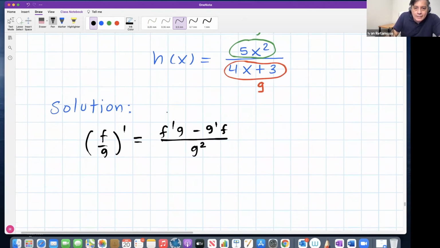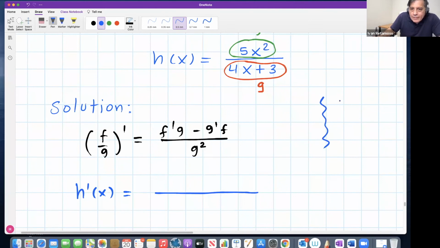So let's use that. The derivative of the function h should be: start with the derivative of the function on the top. What is the derivative of 5x squared? We can do it on the side.